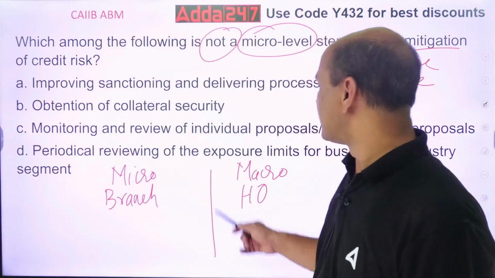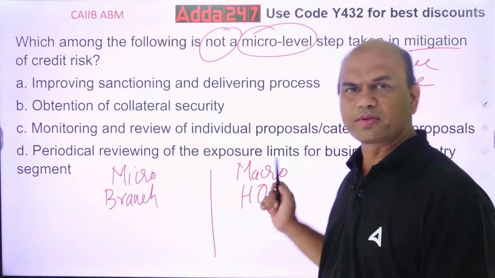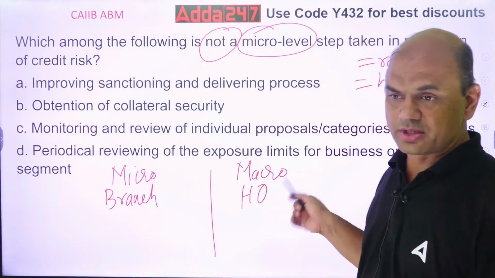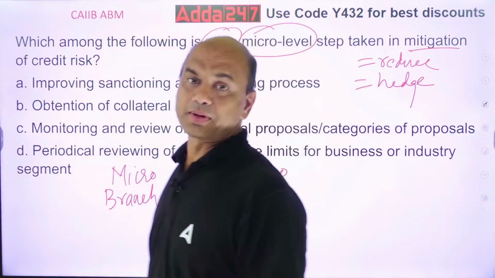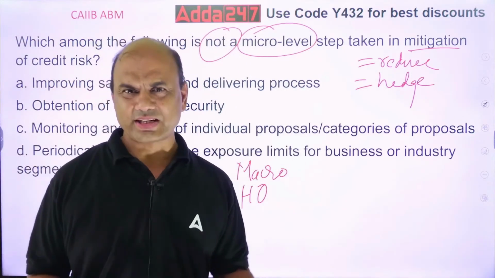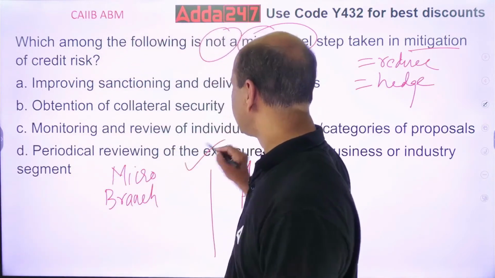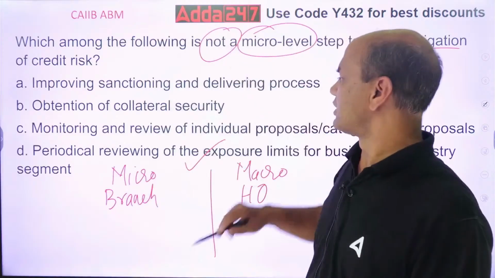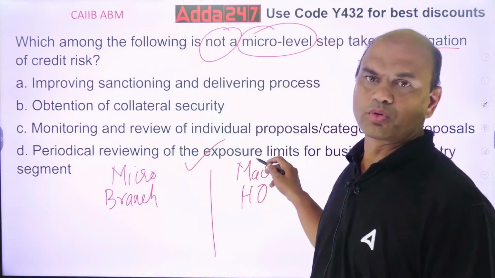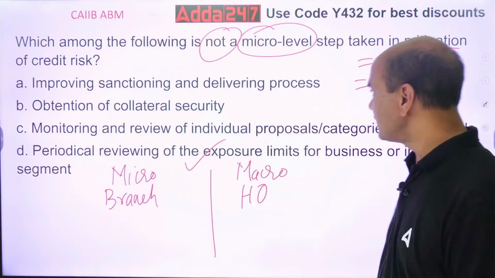Now look at this: review of exposure limits for the business. This is a part of HO. Will this be done at HO level or at a branch level? The overall banking portfolio, will a branch do this? No. So this is a part of macro, not micro. Got it? Clear?